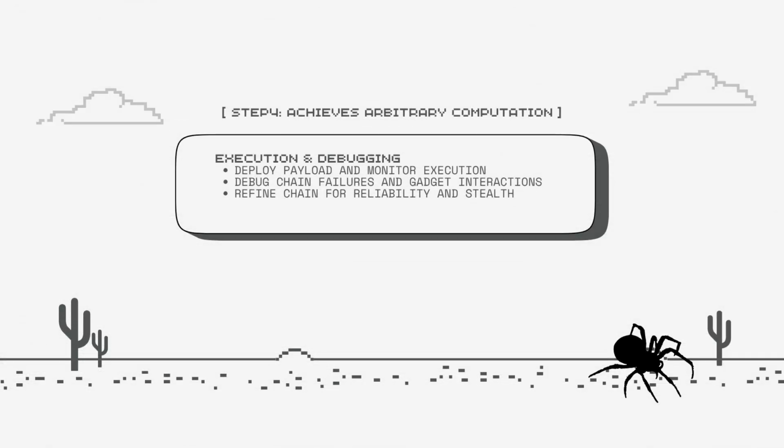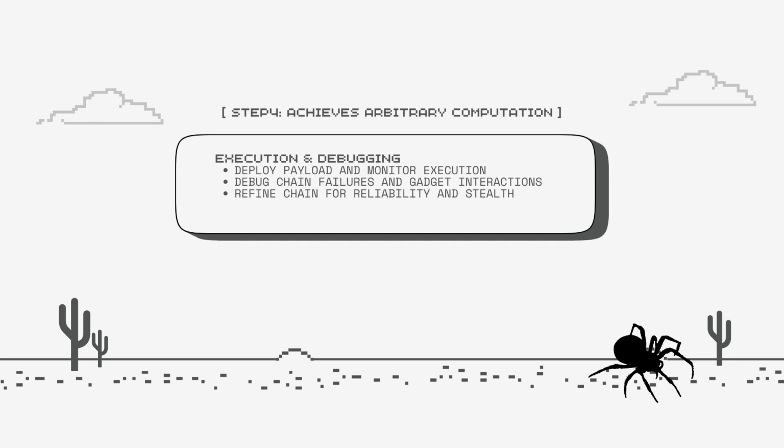Step 4. Achieving arbitrary computation. Once you have a working ROP chain, the final steps are: deploy the payload, trigger the vulnerability with your carefully crafted input. Monitor execution, watch how your ROP chain performs in the target environment. Debug chain failures.